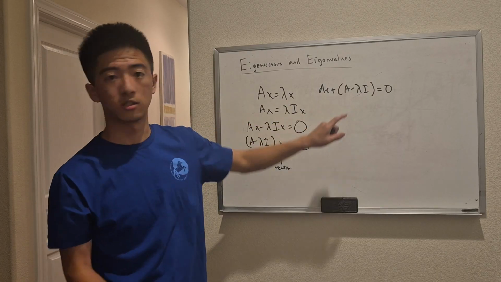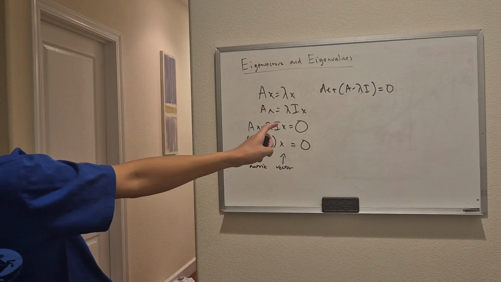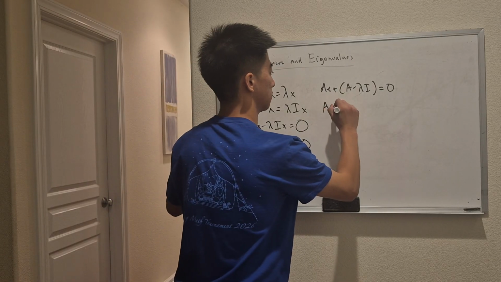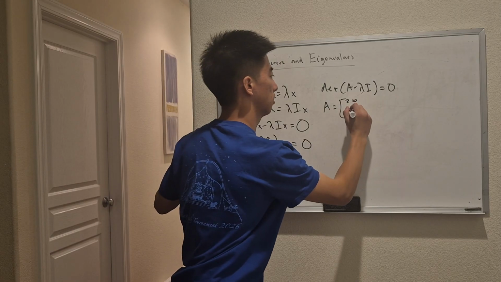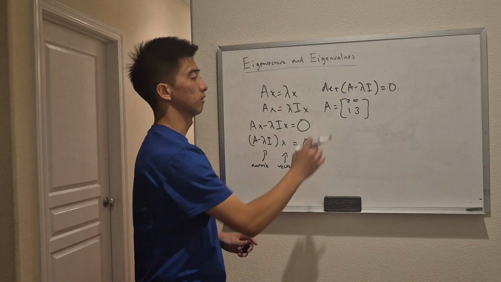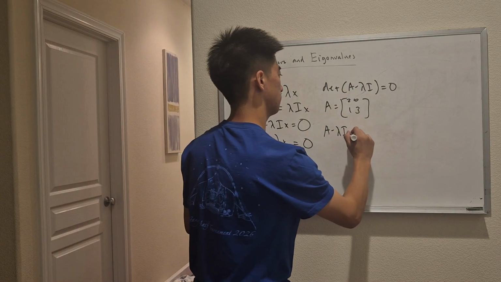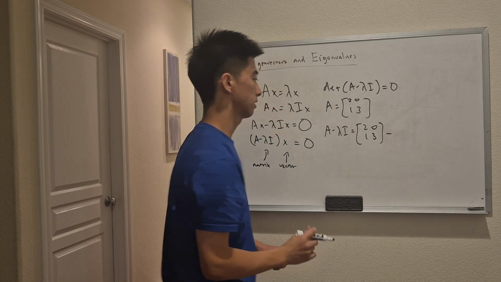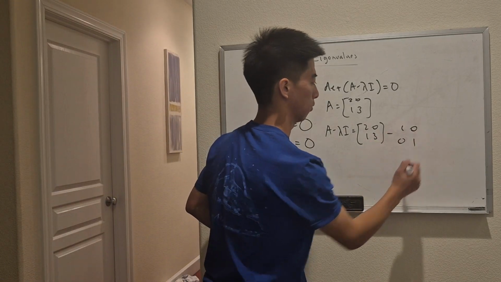So let's do an example. We'll see what A minus lambda I really is here. Let us use this. So A is going to be equal to 2, 0, 1, 3. It's going to be a 2 by 2 matrix. And so if we have A minus lambda I, right, so we have 2, 0, 1, 3, and the minus, so the identity matrix would be just 1, 0, 0, 1, right?